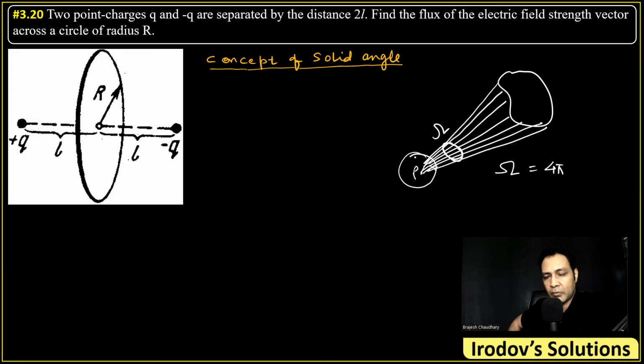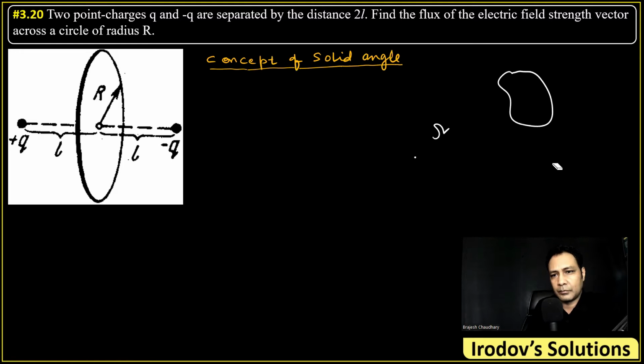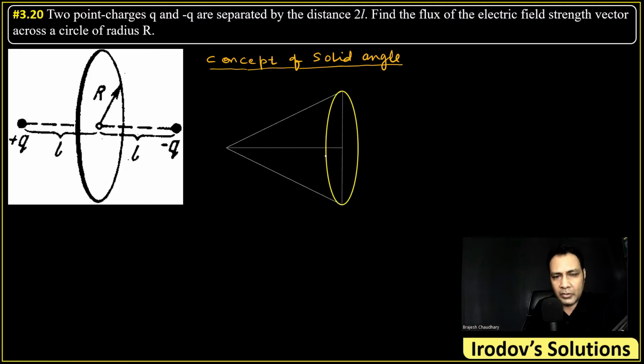So now the curve would be a simple curve, that would be a circle, and the point to which I'm going to join the lines will be on the axis of that ring. So here is a circular ring, and this is a point on the axis.